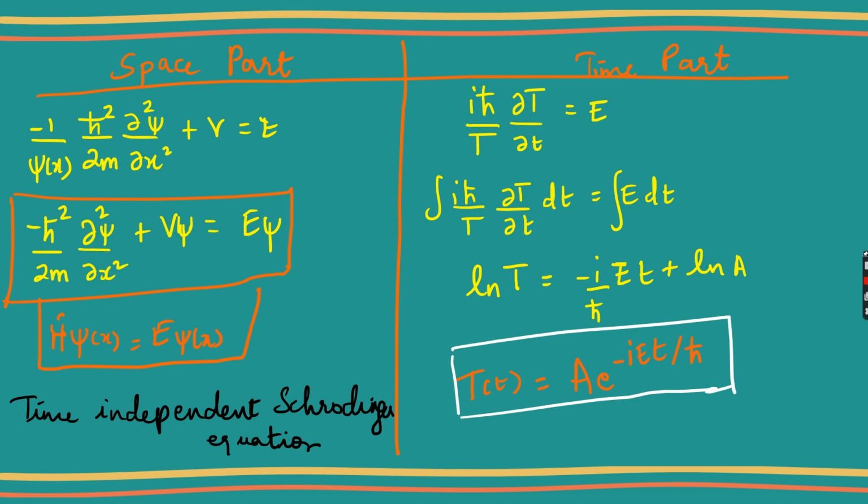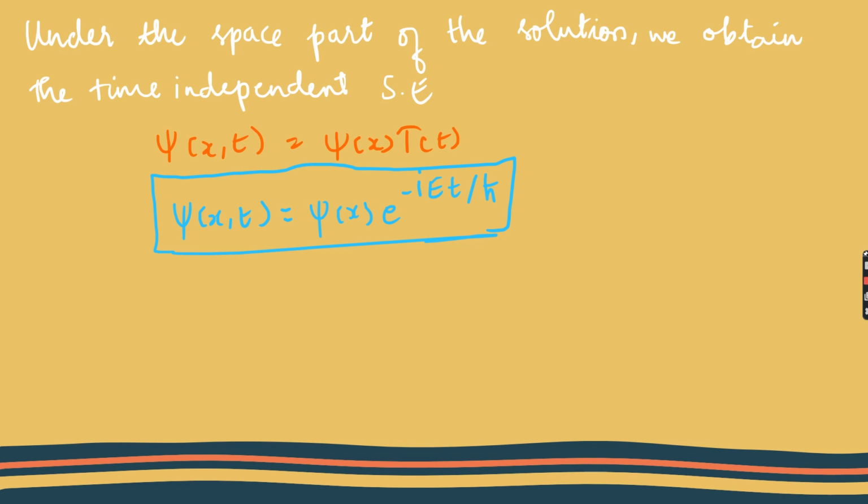Now, if you remember, the solution should be psi of x comma t is equal to psi of x and T of t. That is, I have to substitute my psi of x value and T of t value. So I'm just going to substitute my psi of x as it is, and my T of t will be e power minus i E t by h cut.